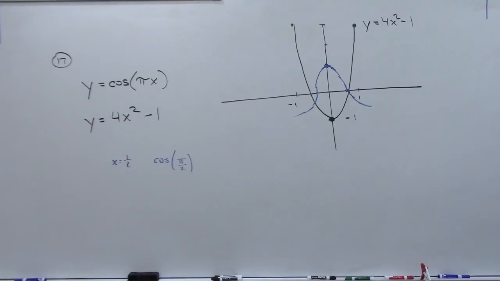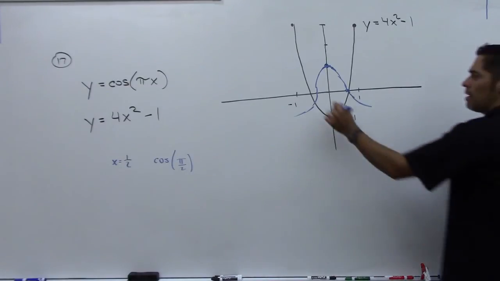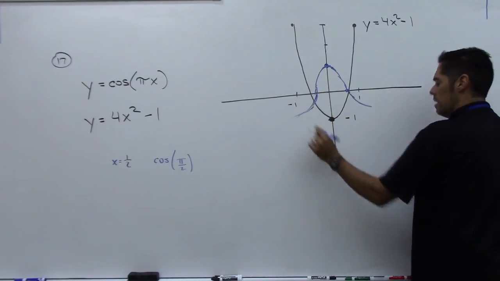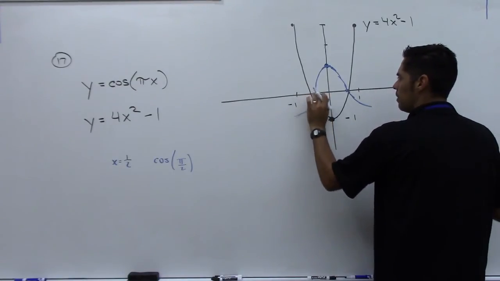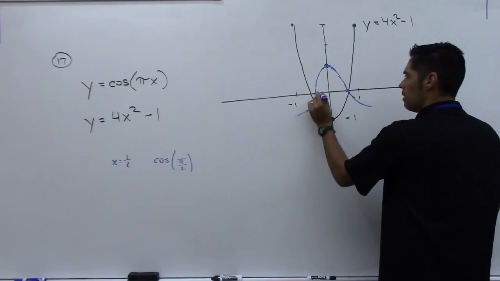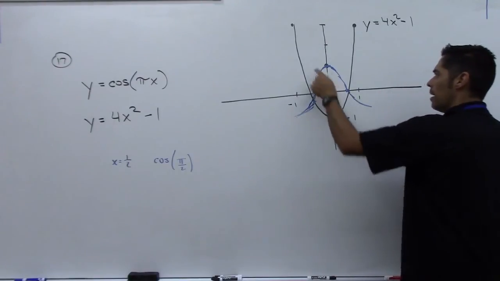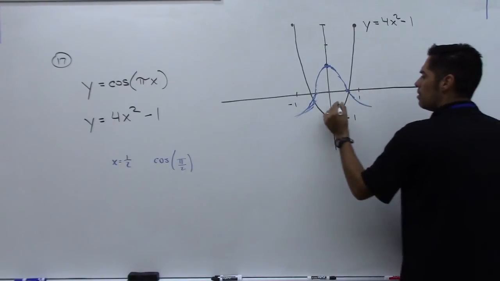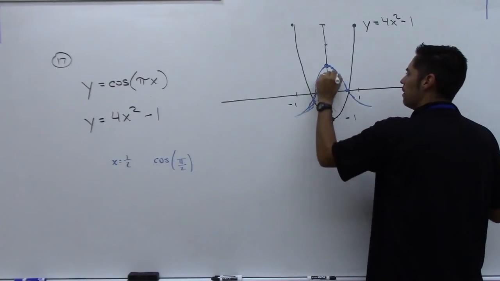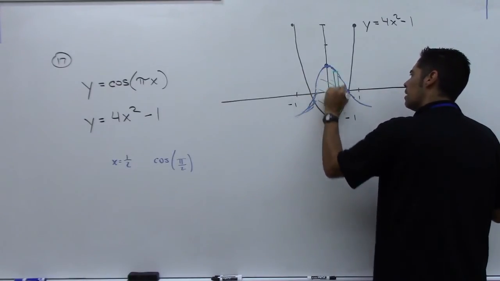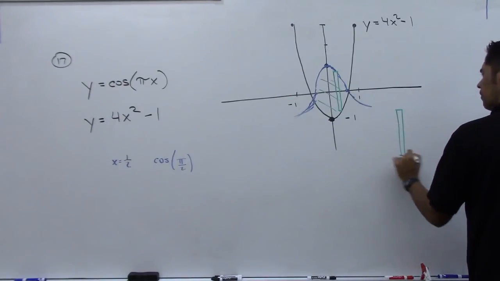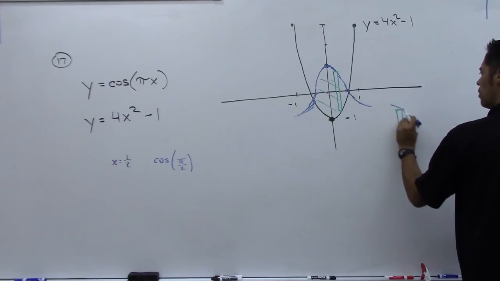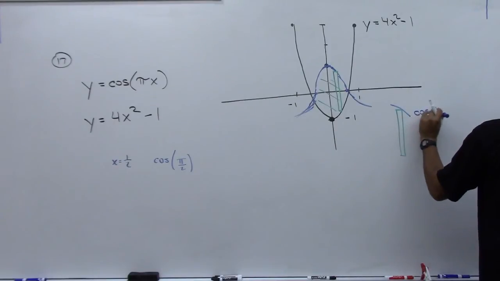And it looks like I can kind of see what the region's going to be. It's going to be this region in between these. This is not a good picture. Here we go. Like this. Okay. My cosine would do that. So I'm thinking it's this region in here, right? Like that, vertical rectangles, which if I do that, the function on top's the blue function, that's the cosine pi x.